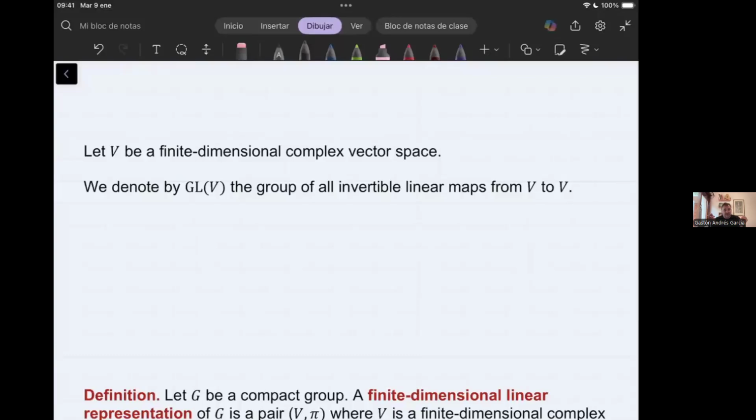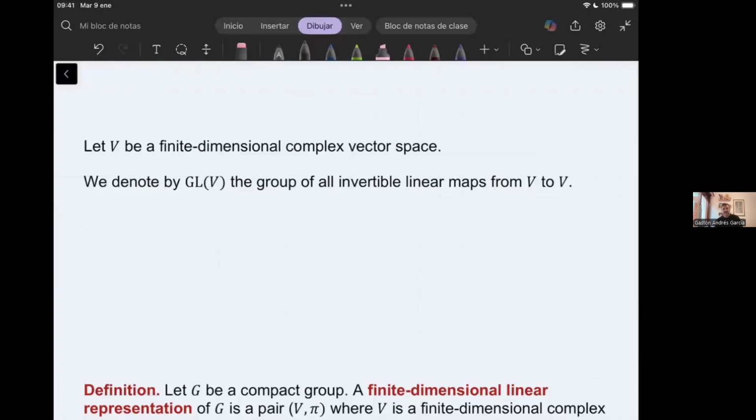If we think of a group as a group of transformations of a finite dimensional vector space, then every element of the group is going to be a matrix acting on this vector space. This is why we are going to talk first about finite dimensional complex vector spaces, because we're going to see every element of the group as something transforming the vector space.